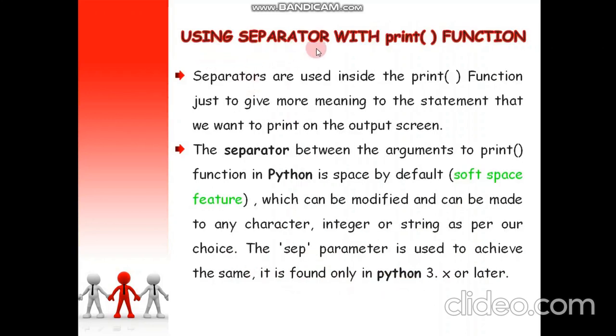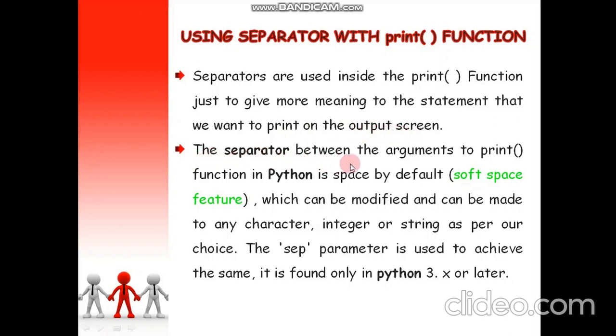Using separator with print function. Dear students, separators are used inside the print function just to give more meaning to the statement that we want to print on the output screen.